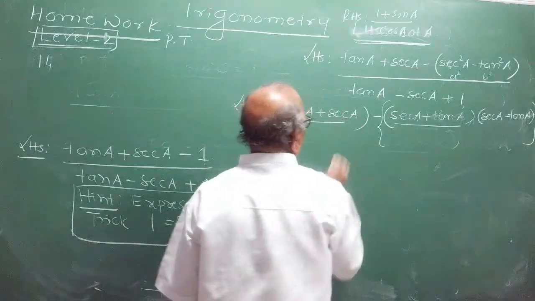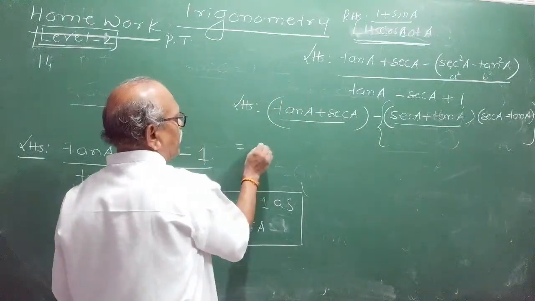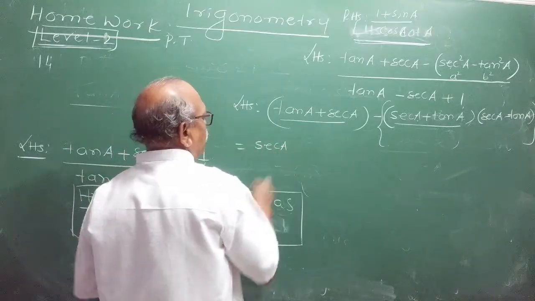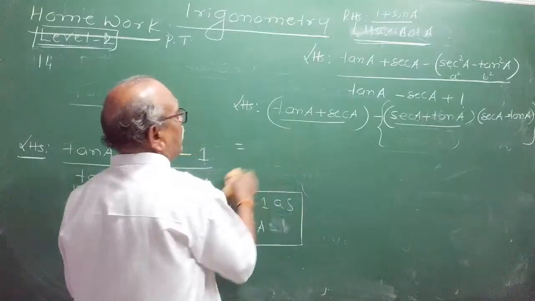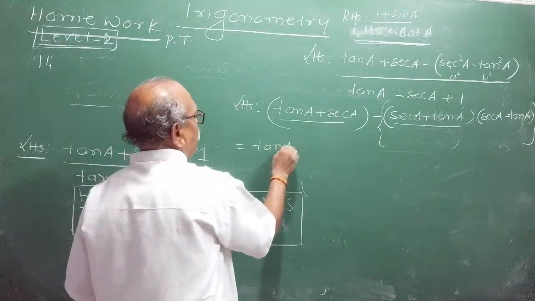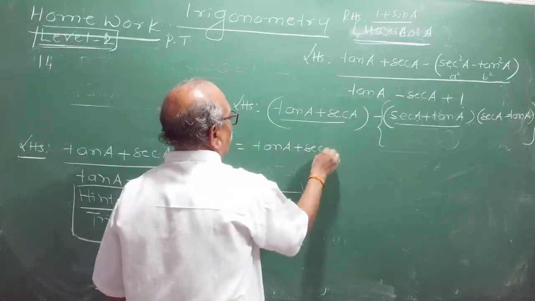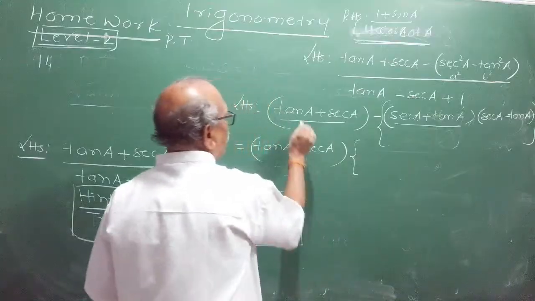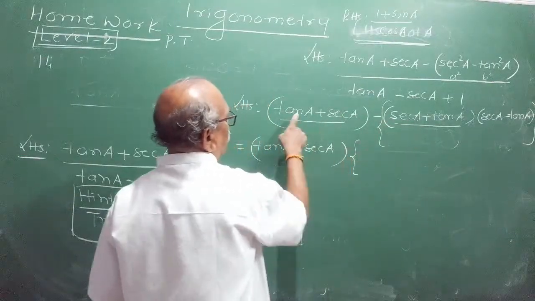You can take it common. Take tan A plus sec A common, and observe what you are left with.